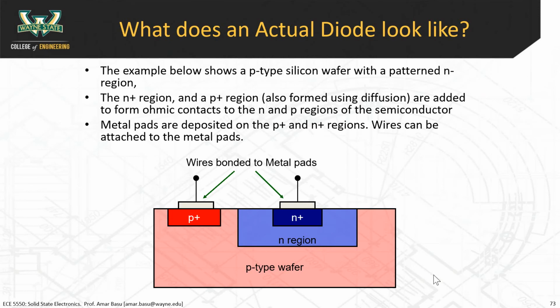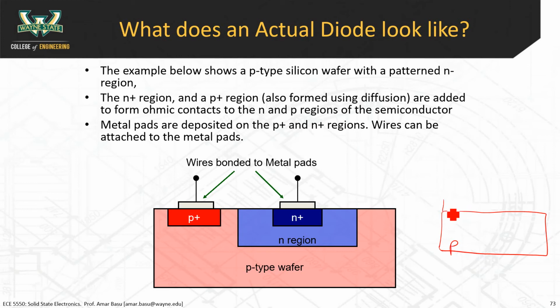You start off with the P-type wafer, and then you use a process called diffusion, where, here, I'll just draw it on the right. Let's say you start off with a P-type wafer and you want to diffuse an N-type region into it.